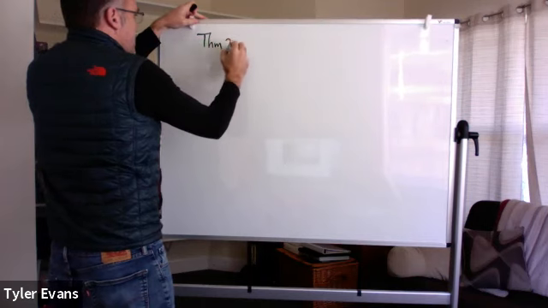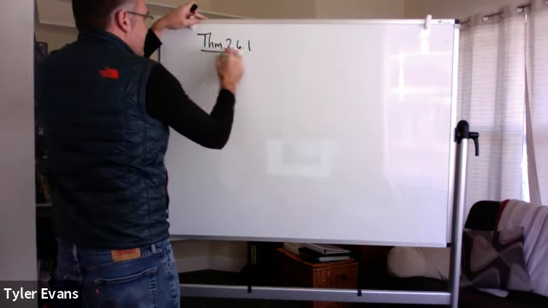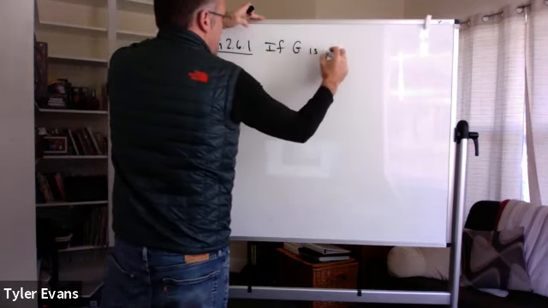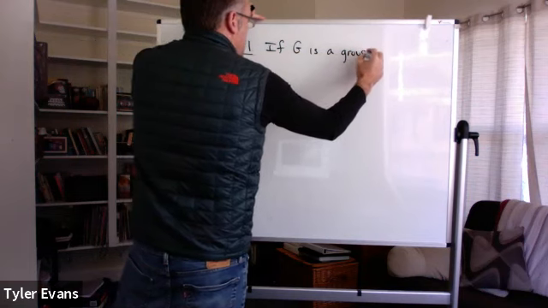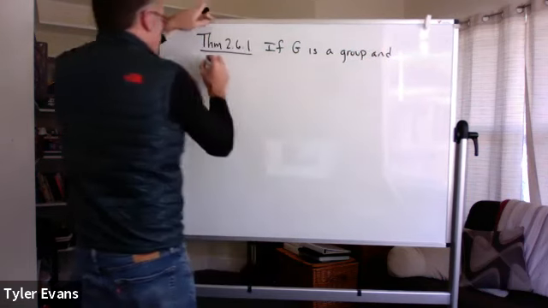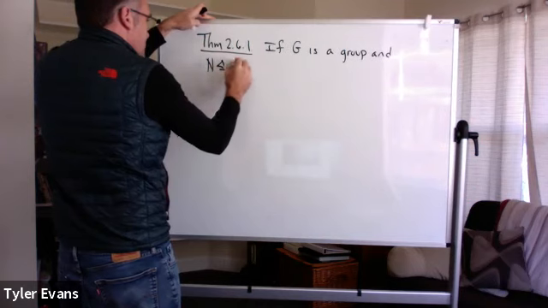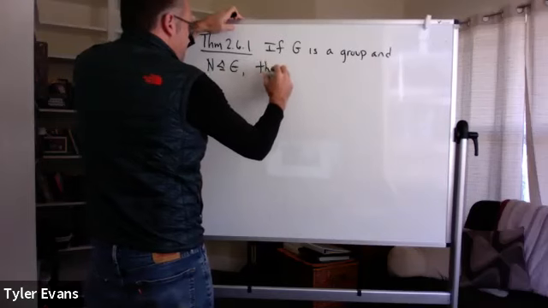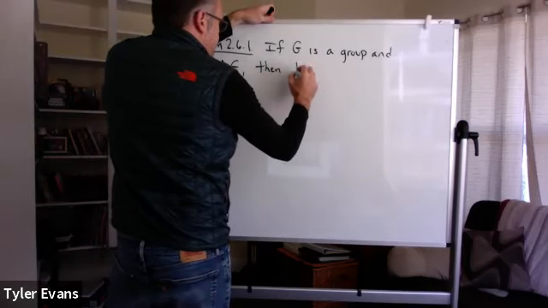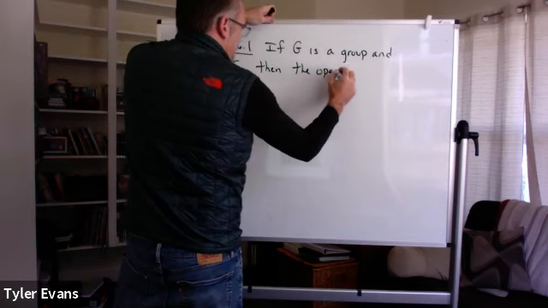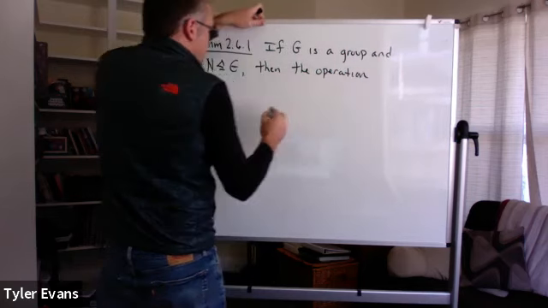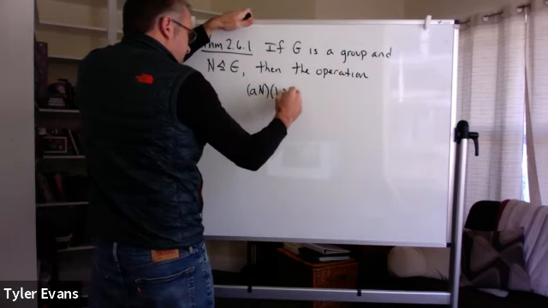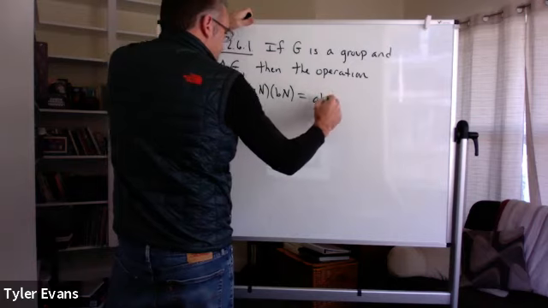So Theorem 2.6.1 says if G is a group, N is a normal subgroup of G, then the operation AN times BN is ABN.